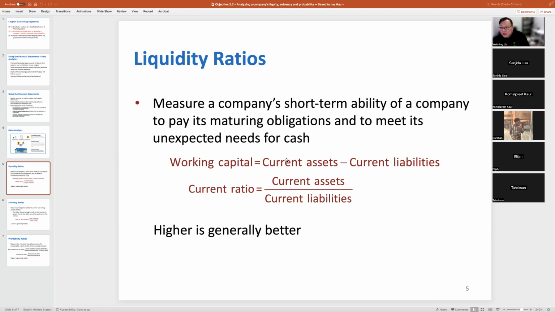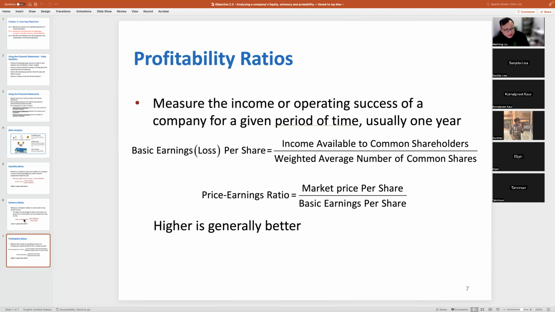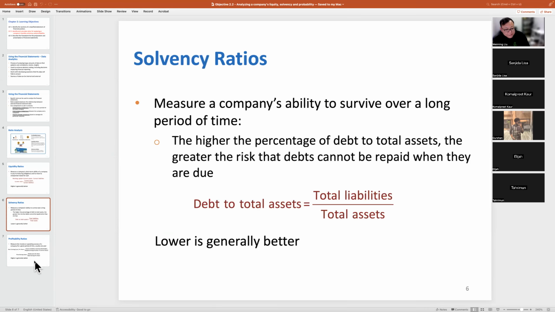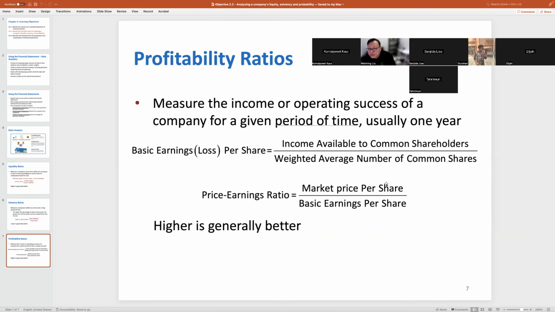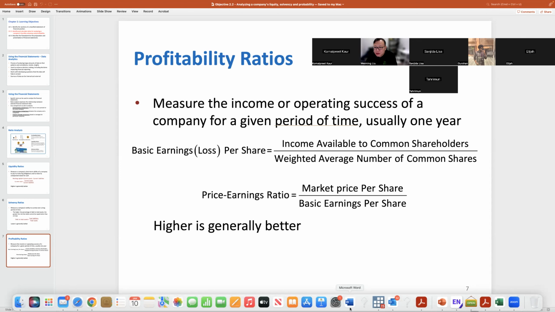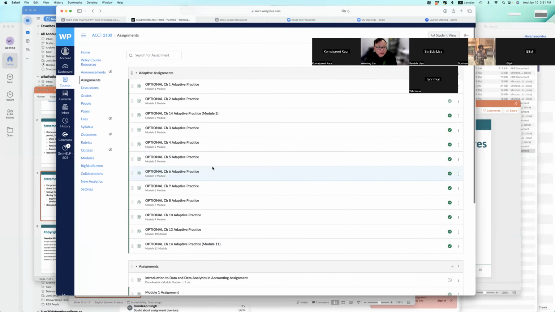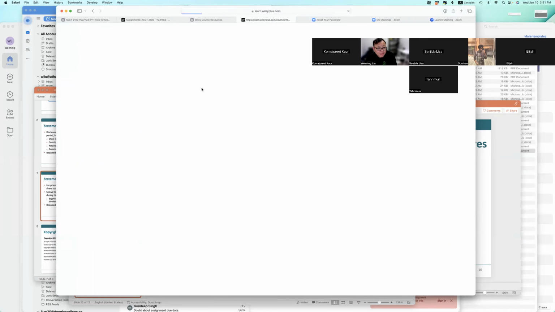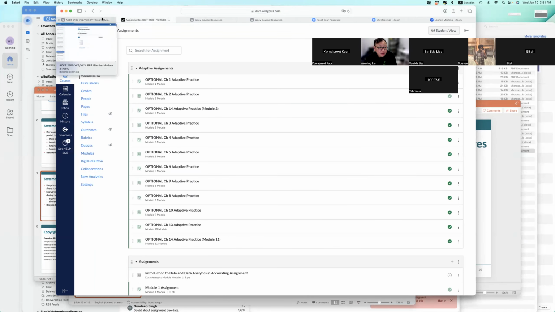Okay. So now I have introduced you to these different ratios. Does anyone have any question about these ratios? Okay, so I will give you a minute while I find that for you. So here, okay, right here.